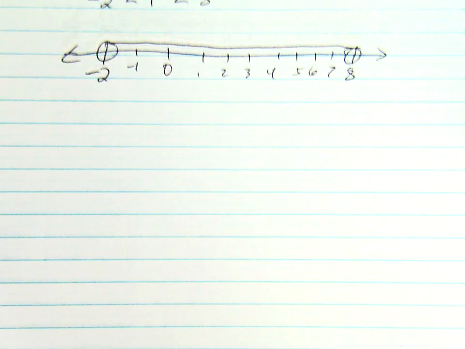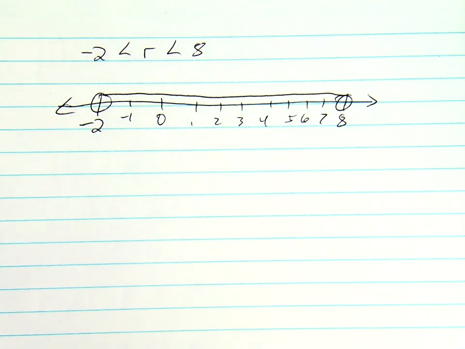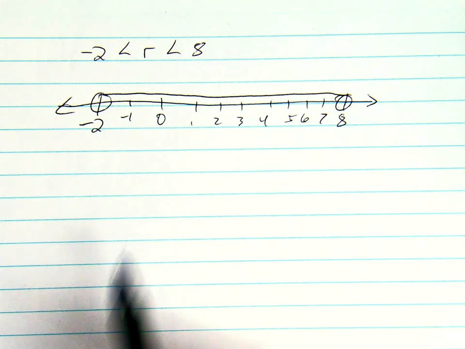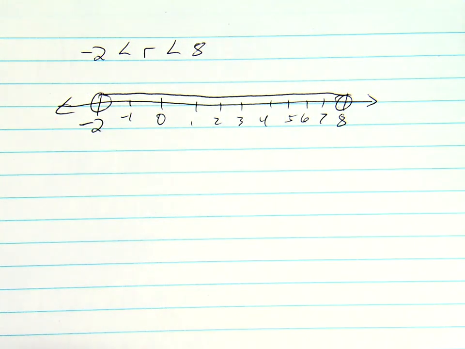Okay, open circles, and it's going to be everything in between -2 and 8. You can't even see that, and it was lovely. Not really, I didn't use a ruler. So anyway, this is going to be our solution set for this.